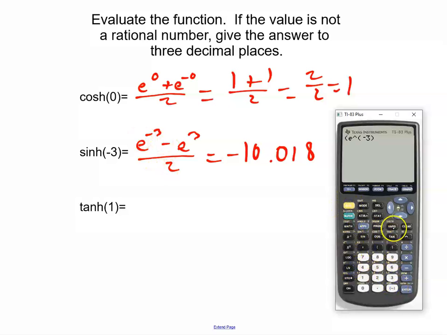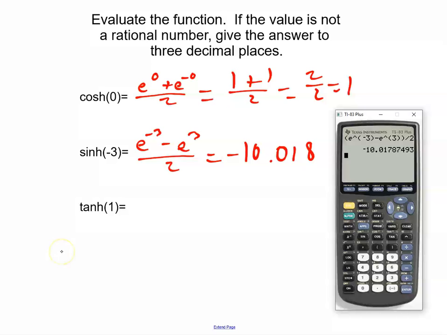You have to close the exponent parentheses, then your minus e to the 3. Close that exponent parentheses and close your numerator parentheses before you divide by 2. Okay, so if you didn't get the -10.018 the first time, it was probably with how you typed it in.